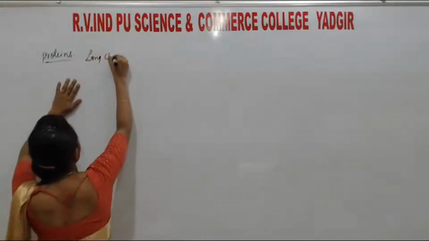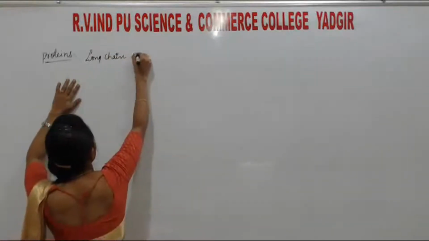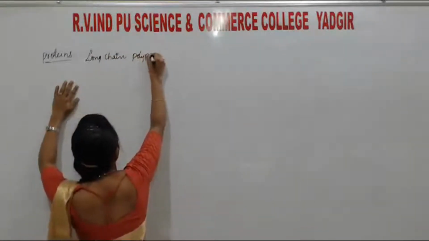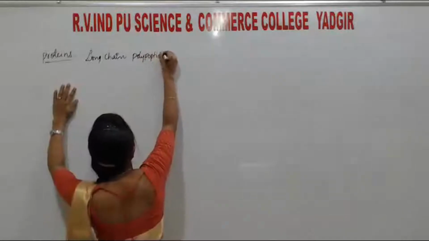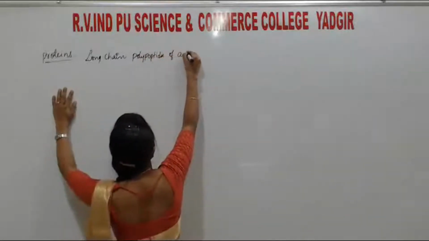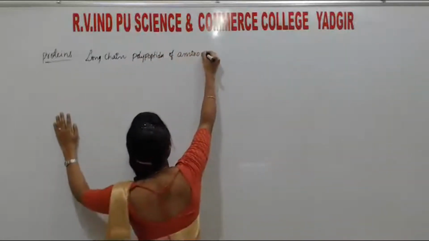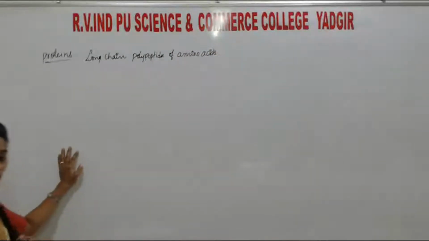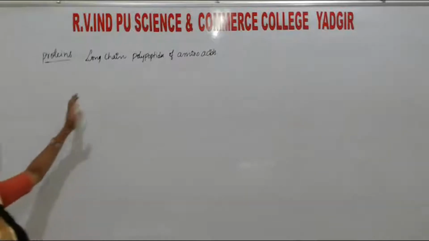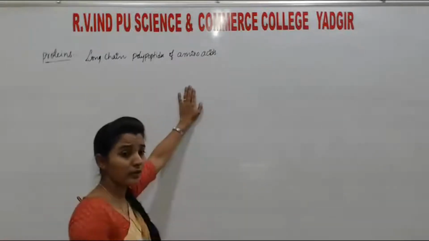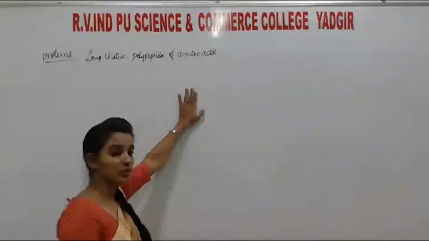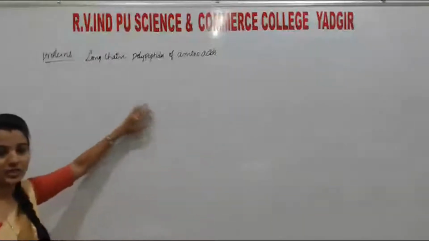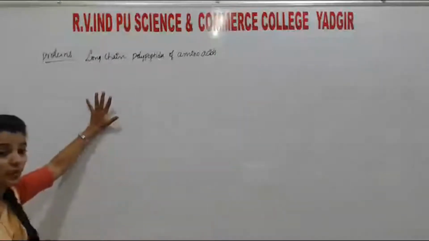Long chain polypeptides of amino acids are called proteins. So students, they consist of nearly greater than 1000 to 10,000 polypeptide chains or polypeptide bonds.